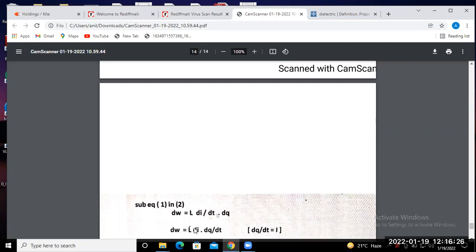Just integrate this: total work done w from 0 to W equals L into the integration from 0 to I of I into di.